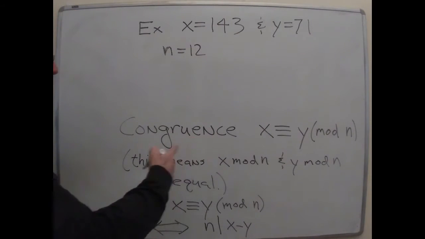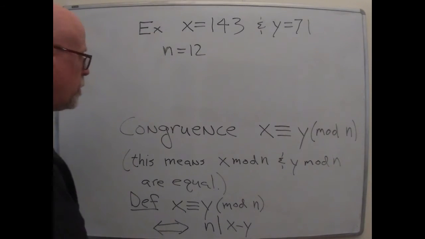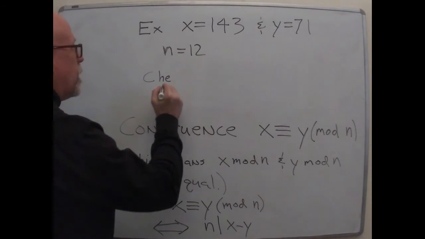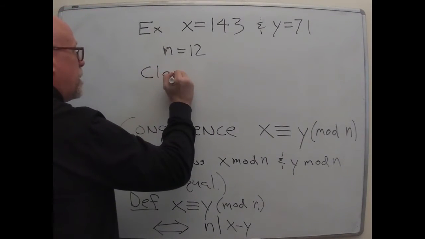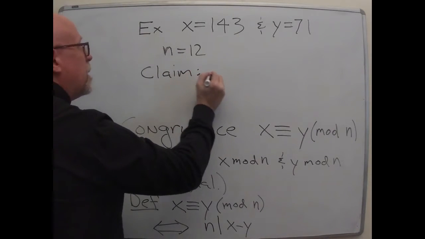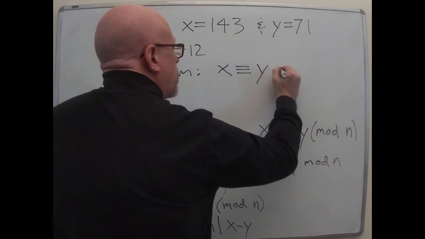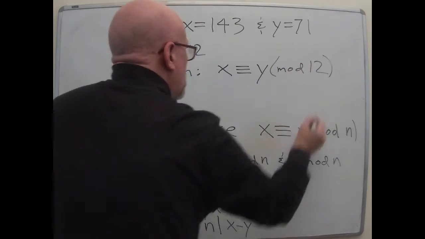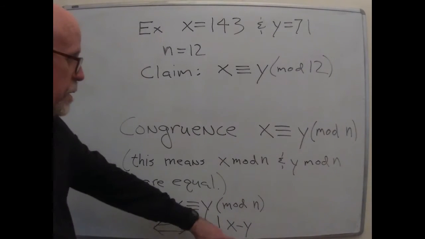We should be able to write the congruence between them. To check that that is correct, well, let me put it this way. We claim that x is congruent to y mod 12. And the way we deduce that is check whether 12 divides into x minus y.